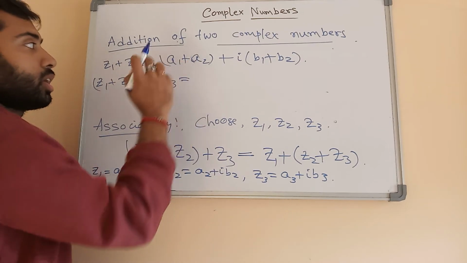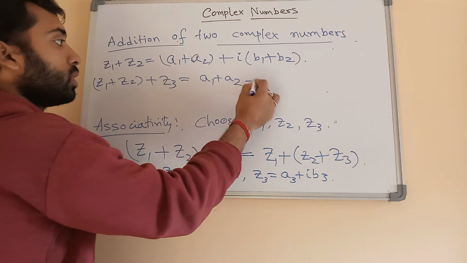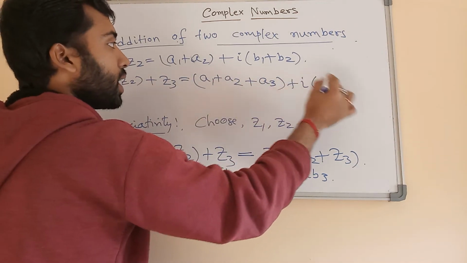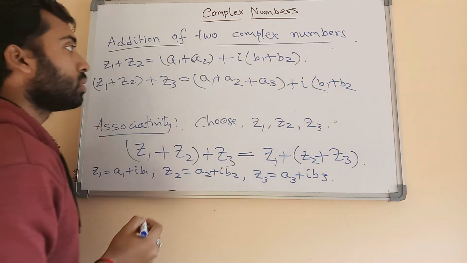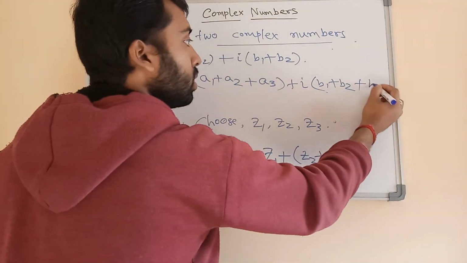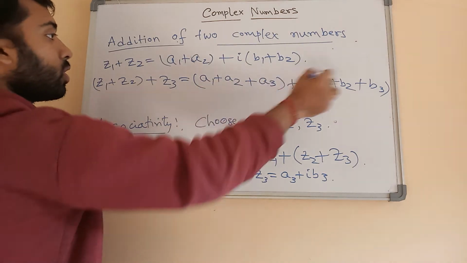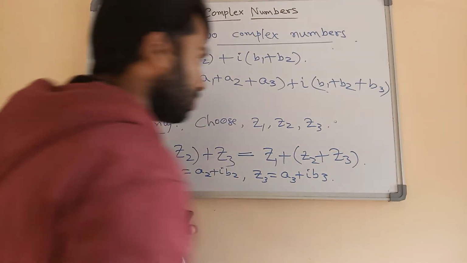So this will be the real part of Z1 plus Z2, plus the real part of Z3, plus i times the imaginary part of Z1 plus Z2 plus the imaginary part of Z3, which is B3. Then it is also of the form A plus iB, so this also belongs to the set of complex numbers.